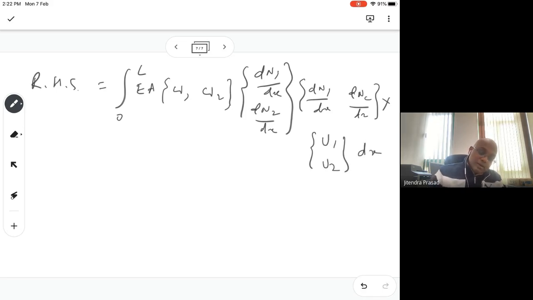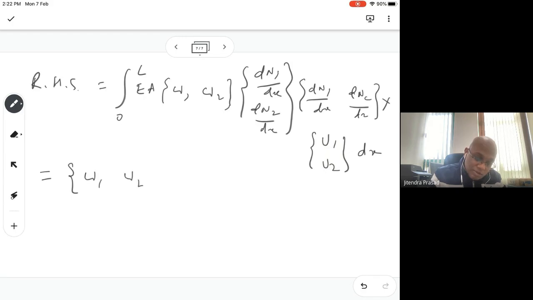Now w1, w2 are not functions of x. These are constants, so we can bring them out. Similarly, this is also constant, so we can bring that outside.